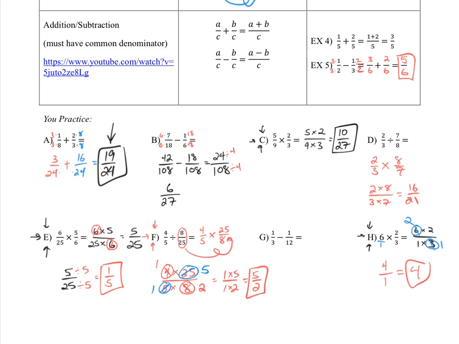Am I done simplifying? Well, we can divide 6 by 2. Can you divide 27 by 2? No. You can divide 6 by 3. Oh yeah, 27 can be divided by 3. So let's divide them both by 3 and we'll get 2 over 9. And I think we're done simplifying there.